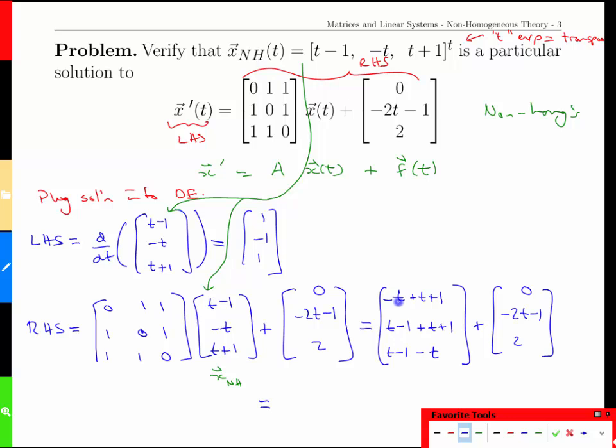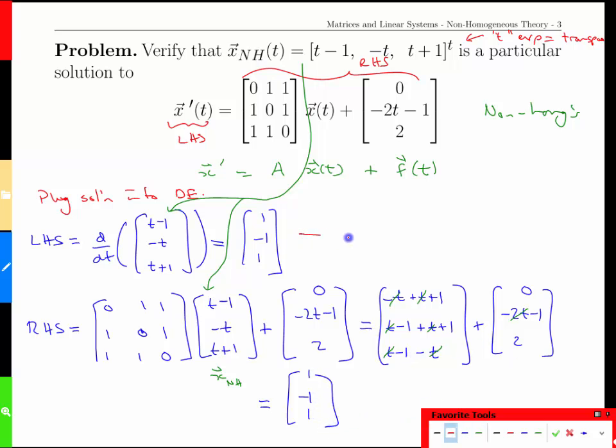And now we can simplify row by row. These t's cancel, and we end up with 1 plus 0, which is just 1. These t's, t plus t minus 2t's, those cancel, and we end up with negative 1. And then we have t minus t, those cancel. We have negative 1 plus 2 is plus 1.